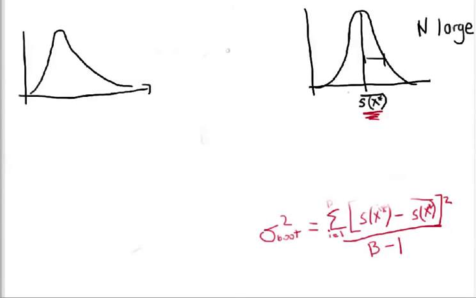So in the case that n is small, if you want to find, say, a confidence interval, say the 95% confidence interval on your original estimator, what you will want to do is not compute the probability distribution, but this is the probability distribution.